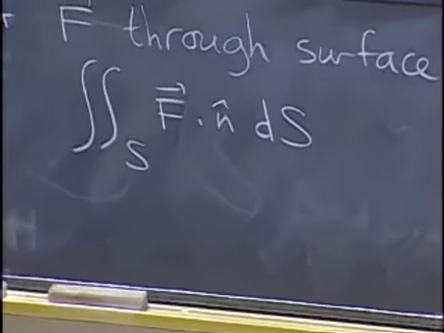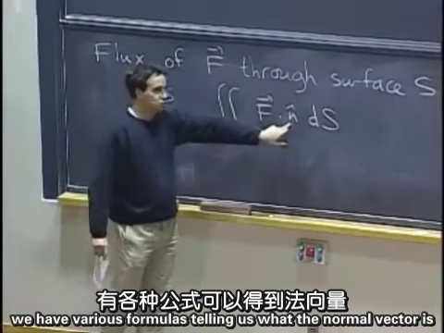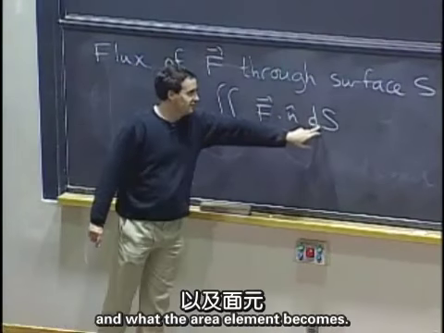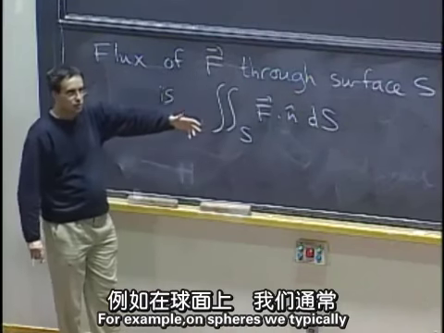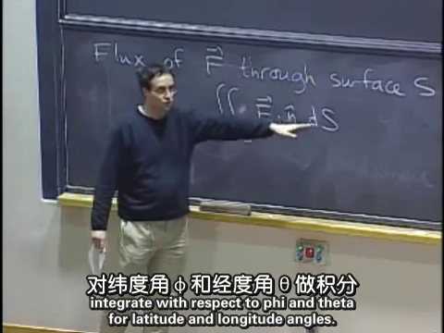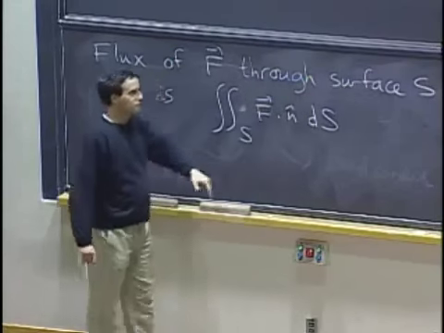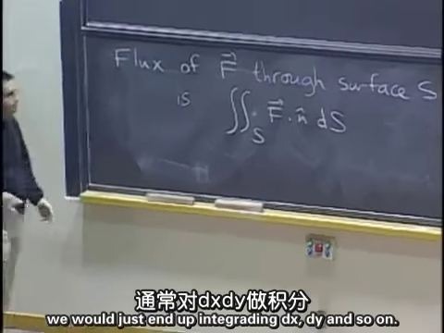So, as we've seen, for various surfaces we have various formulas telling us what the normal vector is and what the area element becomes. For example, on spheres, we typically integrate with respect to phi and theta, the latitude and longitude angles. On a horizontal plane, we would just end up integrating dx dy, and so on.